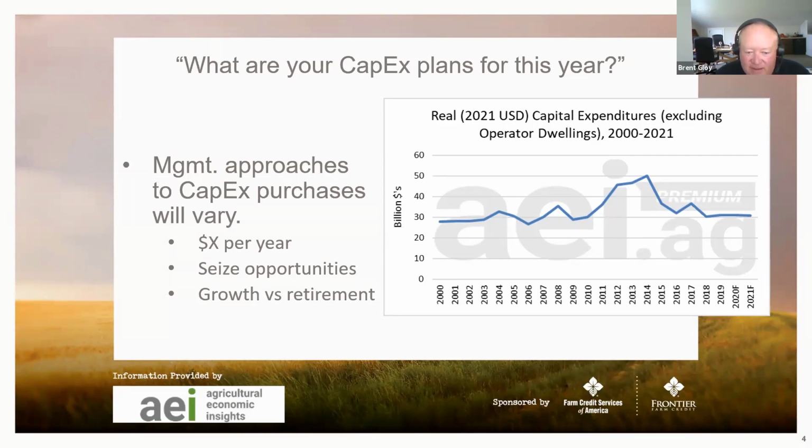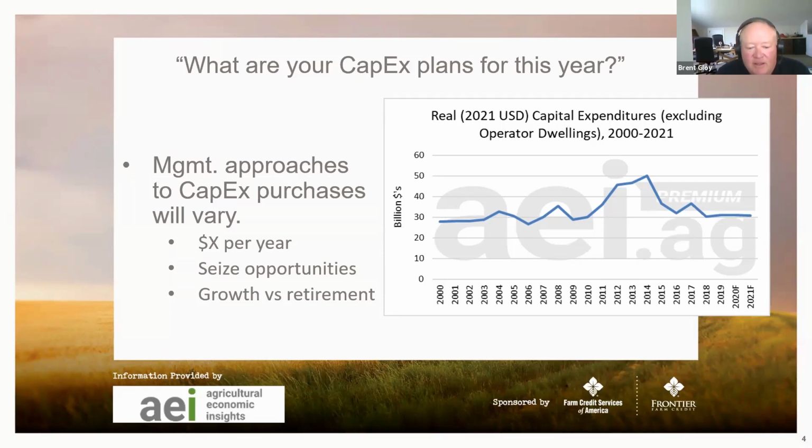Now, there's a lot of ways to think about capital expenditures. If you work in a large corporation, one of the things you do is these capital expenditure plans as part of the budgeting process. It'll be so many dollars per year, and then you allocate them to the projects that are the best. So one way to think about it on a farm is what's a reasonable number of capital expenditure dollars per year that you want to look forward to, and then consistently do that over time.